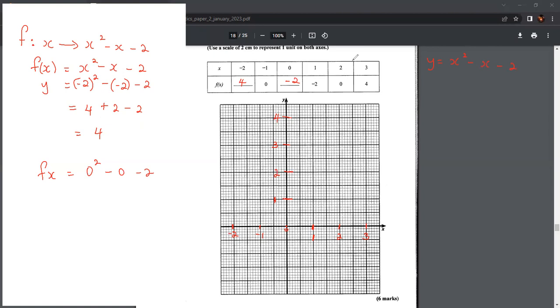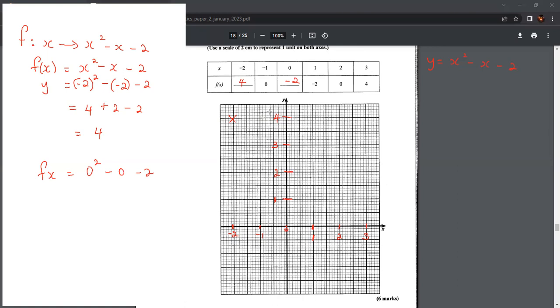We substituted it into the equation in order to get the values of y. And then we have to plot these points. So x is negative 2. So you locate your x is negative 2. So this is my line, x is negative 2 here. And when x is negative 2, my y value is 4. So where those 2 points intersect, that's going to be my point. So I'm plotting my curve.